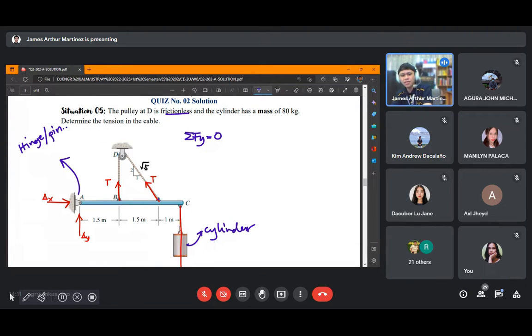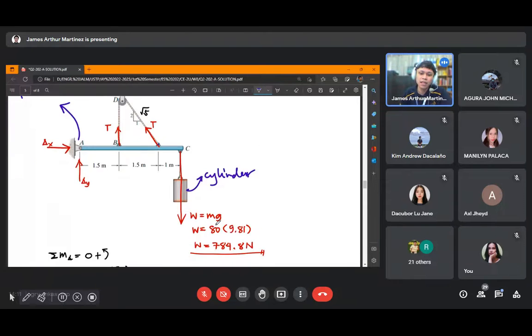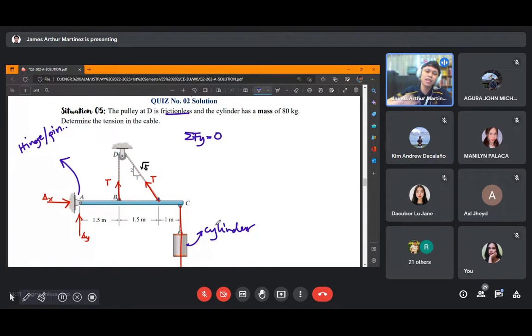So if kana tong buhaton, walay problema si W since na-obtain naman siya. And also W is acting along y-axis. T is unknown and also AY is unknown. We don't know the reaction at AY pa. So, if magamit ani summation of forces on y-axis, we have two unknowns. So, we cannot directly compute either of these unknowns.